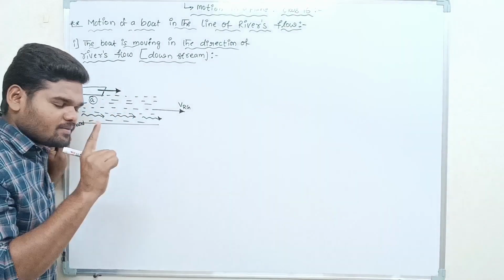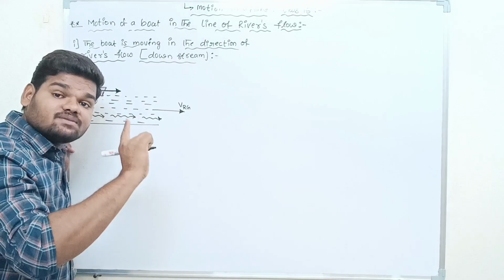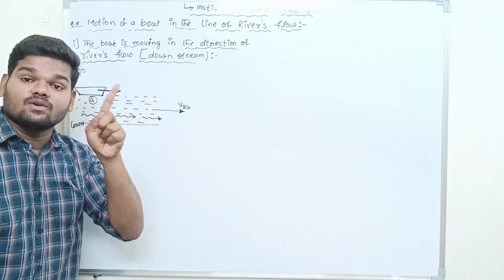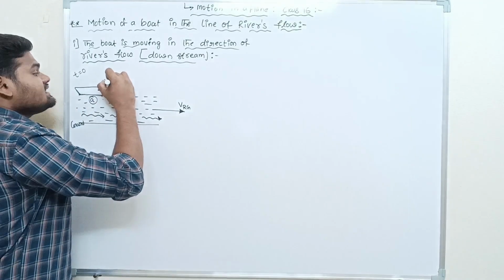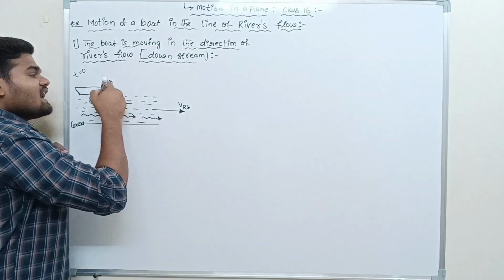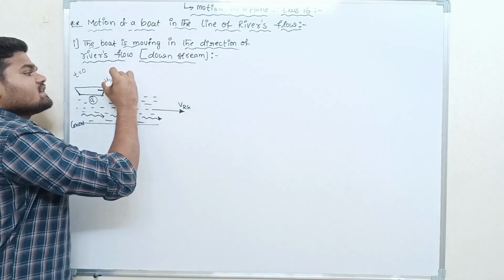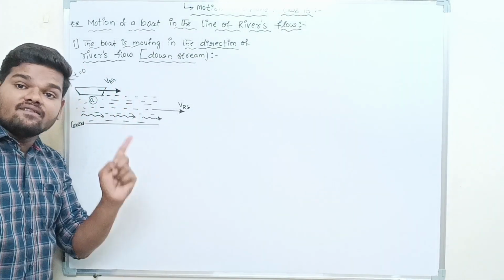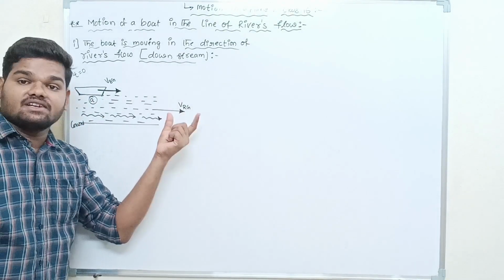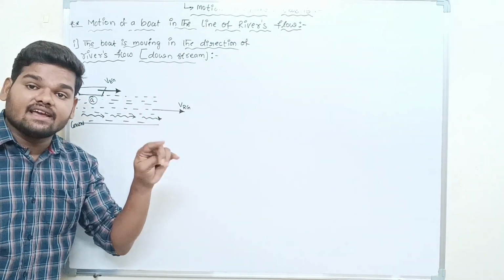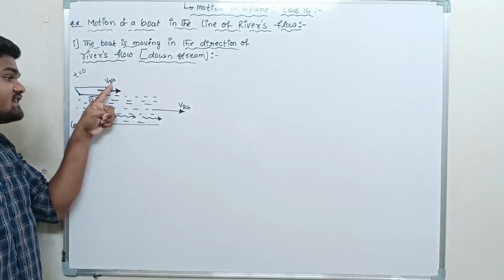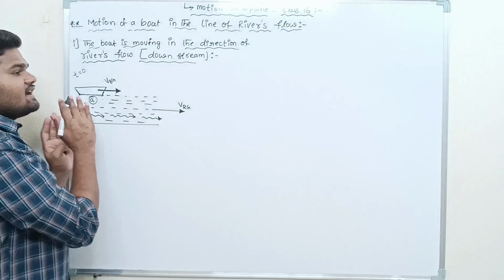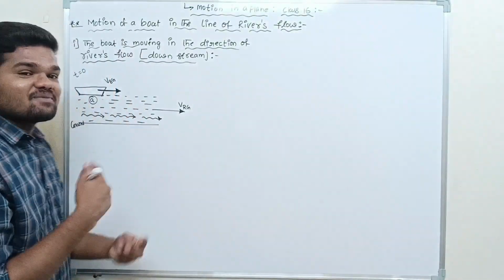The thing you have to remember is that whenever the boat is moving in the direction of river flow, the velocity of the boat must be taken with respect to ground. Whatever the velocity of the boat is, that is the velocity of the boat with respect to ground, and it starts moving.